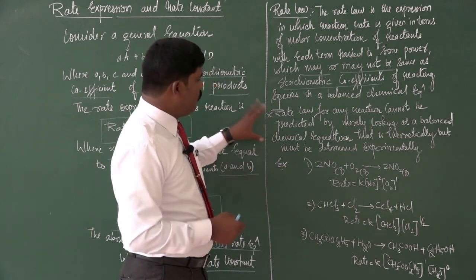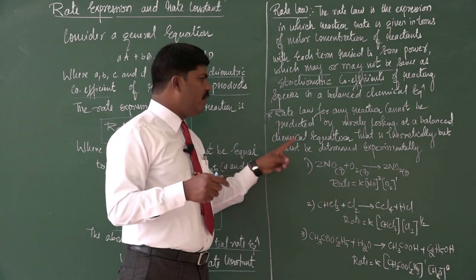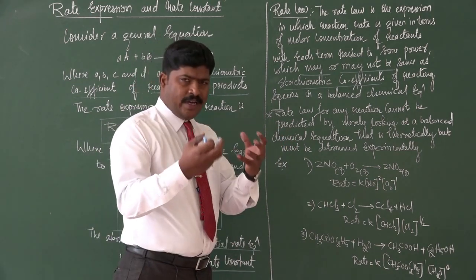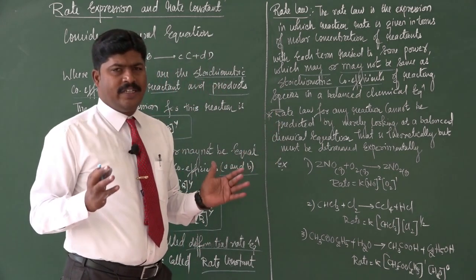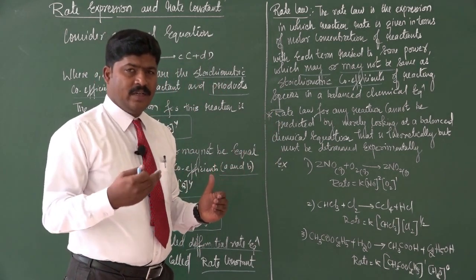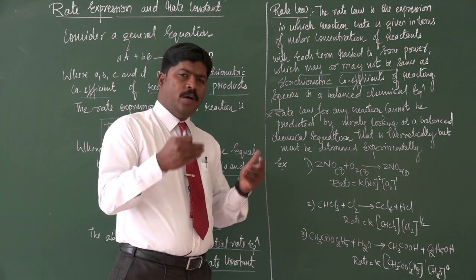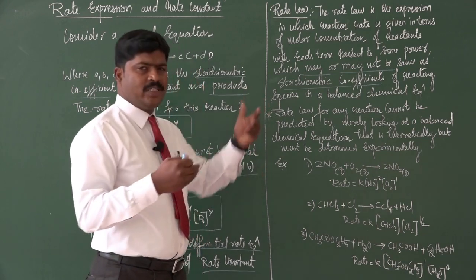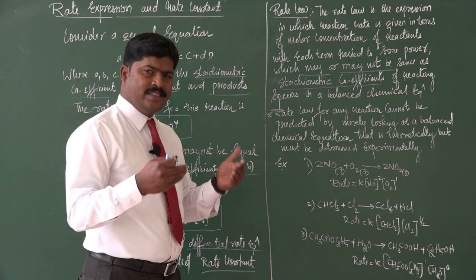Okay. Now, remember one important note I have written. The rate law for any reaction cannot be predicted just by seeing the equation. If I see an equation, I cannot write the rate law. I must investigate the mechanism and find out on what basis we write the rate expression. So, when you see the equation, don't write the rate expression. Definitely you will go wrong. That is not the right way of analyzing a reaction.